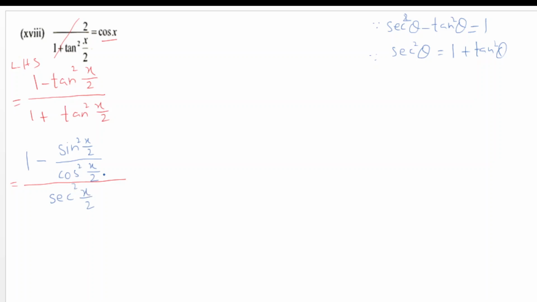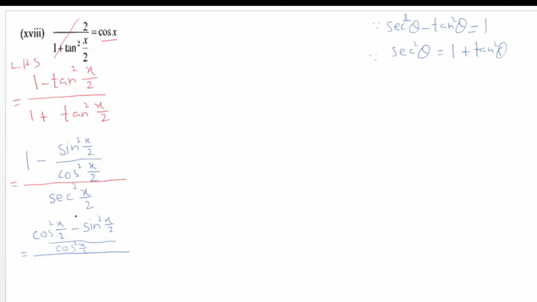Okay, so now we'll just take the LCM at the numerator here. So let me write the main fraction. So what the LCM gonna be? Cos square x by 2 here. So it will be cos square x by 2 minus sine square x by 2 like this.